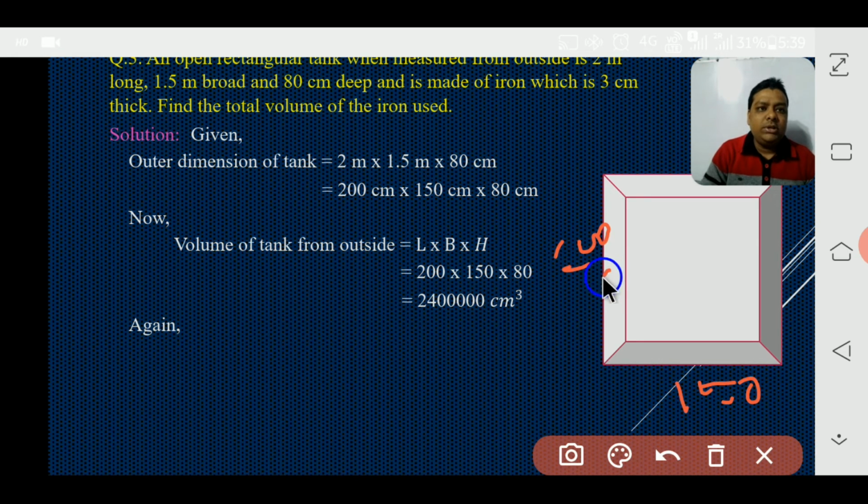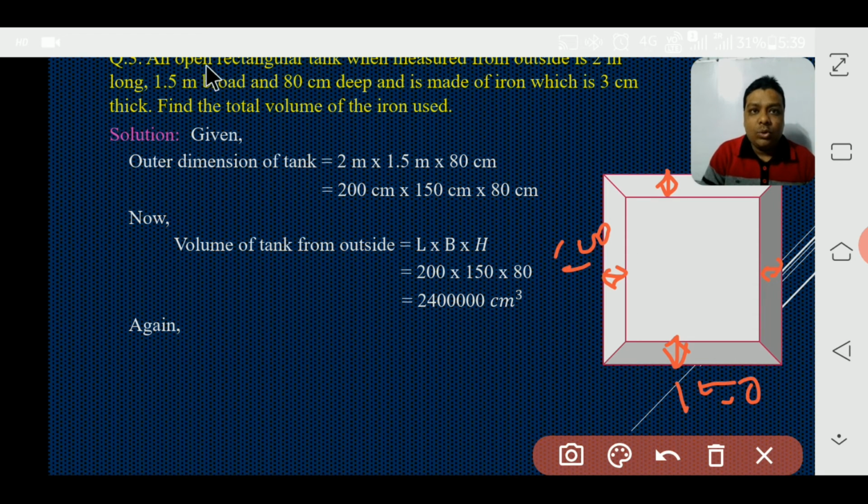So 3 centimeter thick means what? 3 plus 3, 6 centimeter decrease if you have to find inside length. Also to find inside breadth, we will decrease 3 plus 3, it means 6 centimeter again. And to find the height, because it is the cuboid, it is the depth also, so we would have to subtract again 6 centimeter.